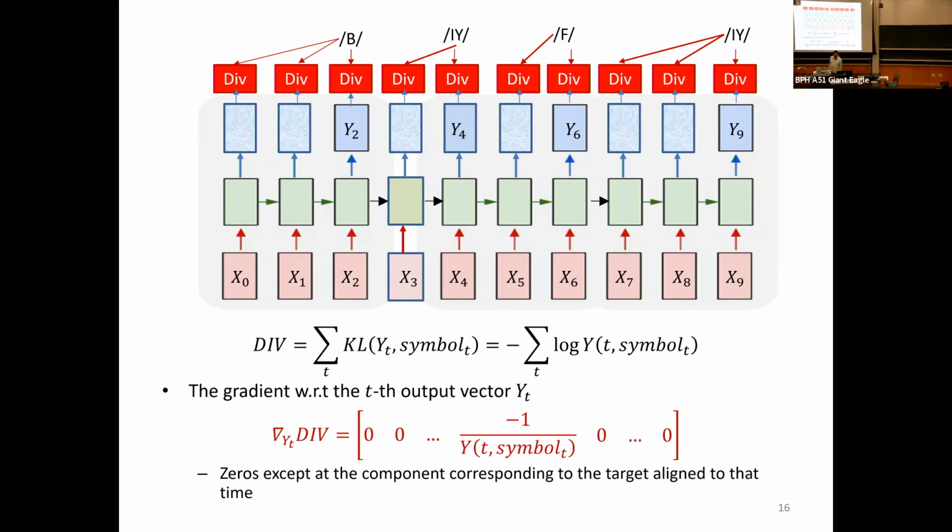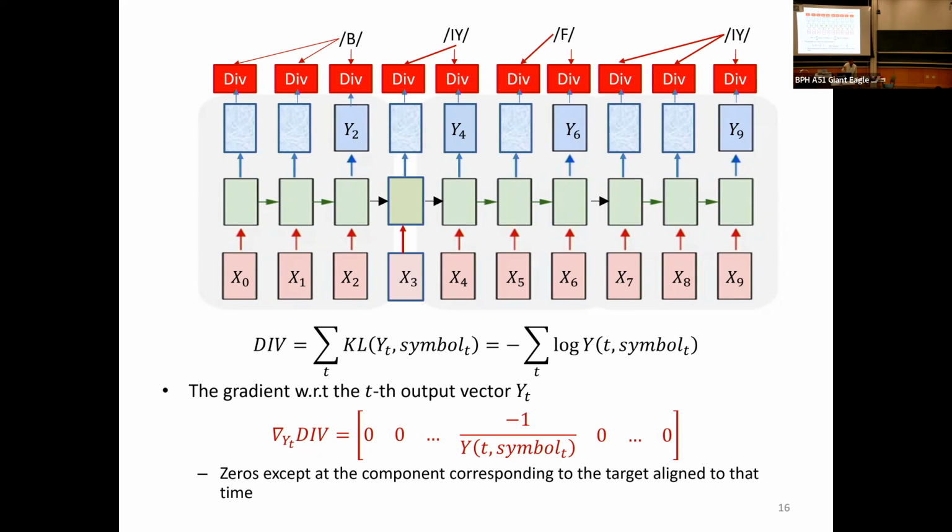So that means that we need the gradient of the divergence with respect to every single output vector. We also saw that at any time, the network doesn't just output a symbol, it outputs a set of probabilities, a probability for every output. And so the gradient really tells you how much perturbing any single output changes the loss. And we found that when you're using the KL divergence, the loss itself only considers the log likelihood of the target symbol.